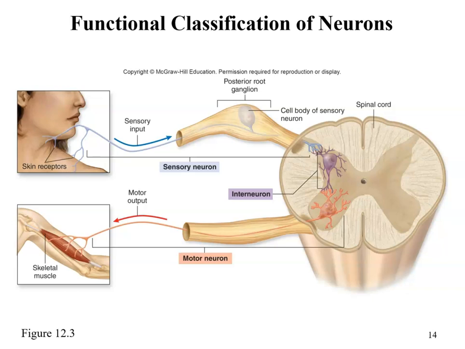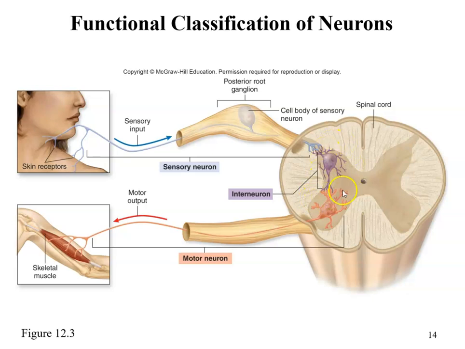Okay, so a look at the functional classification of neurons. Here you have a sensory neuron, and it's got sensory receptors in the skin. This gets stimulated and it sends an impulse down the sensory neuron towards the central nervous system, okay? Here, it's going to interact with an interneuron, which lies completely within the central nervous system, right?